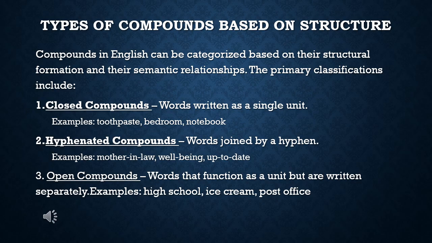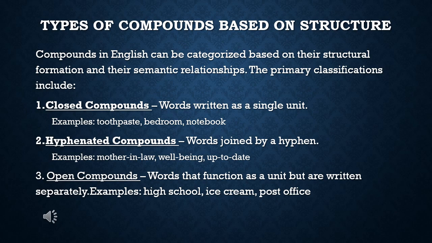Thirdly, we have open compounds. That means words that function as a unit but are written separately. Example, high plus school, high school, but when we pronounce high school, we pronounce the two words together, but when we write, high and school are written separately.